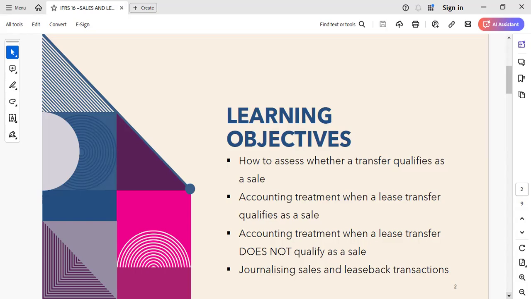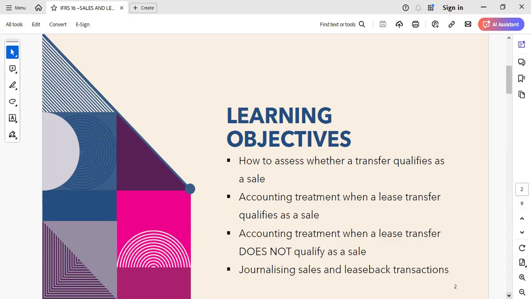So let's assume that the asset would generate 8 million pounds if you sell it, and you are just going to be paying 500,000 pounds a year in your lease rental. You sell the asset, you get the 8 million, and then you pay 500,000 pounds as the rental for the lease. What that has helped you achieve as a business is that it has helped you release at least 7.5 million in cash flow to help you deal with urgent needs in the business.